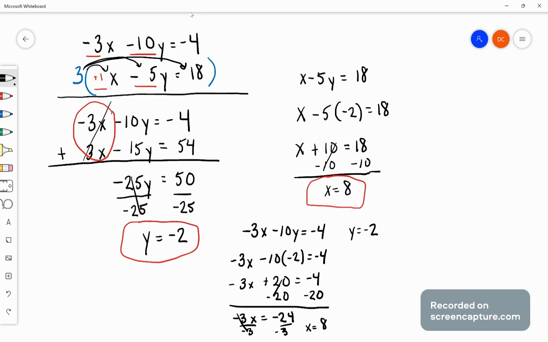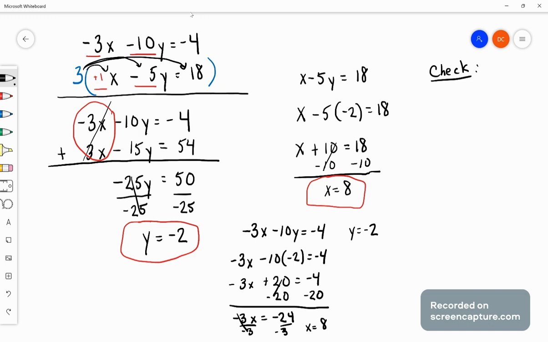The same thing as I got when I used the other equation. And so try to think which one would be easiest to solve to find your other variable, but if you don't, it doesn't really matter. You will get the same answer as long as you do your work correctly.